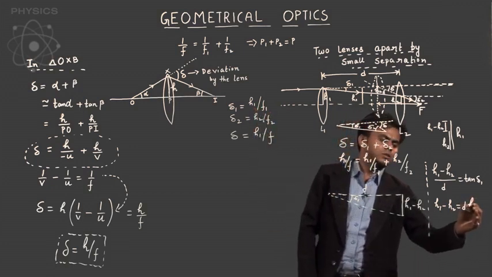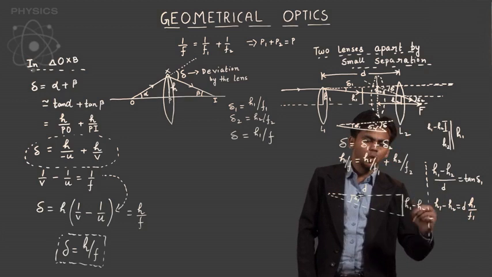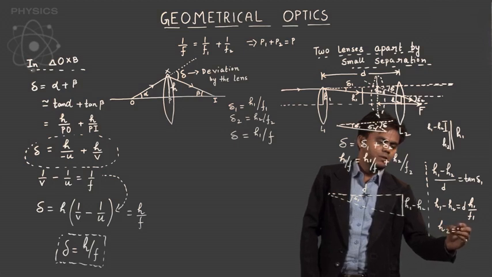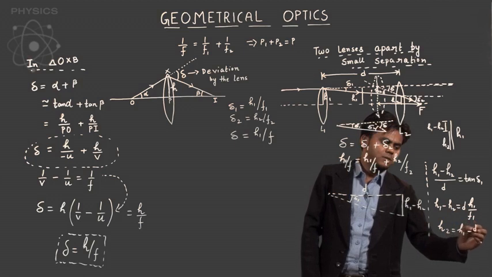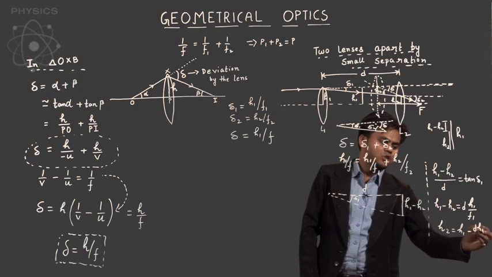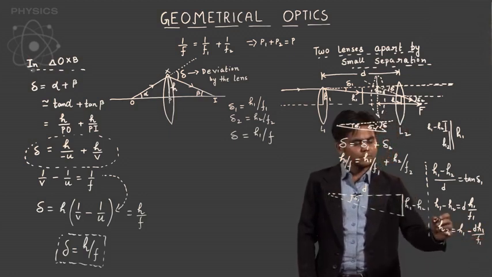So in place of H2, I can simply write H1 minus D H1 upon F1.